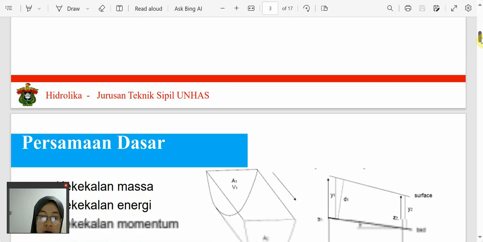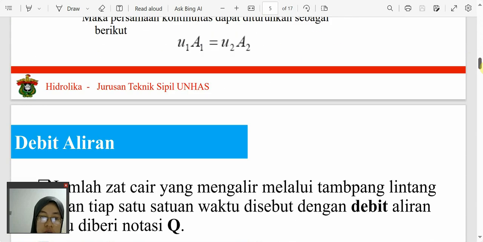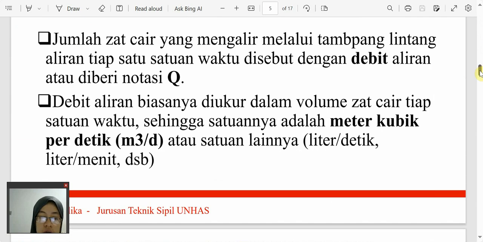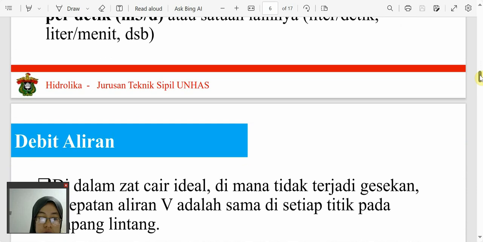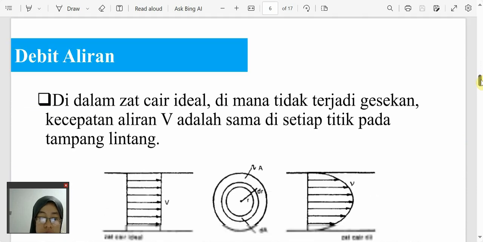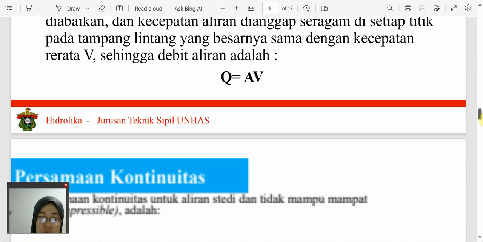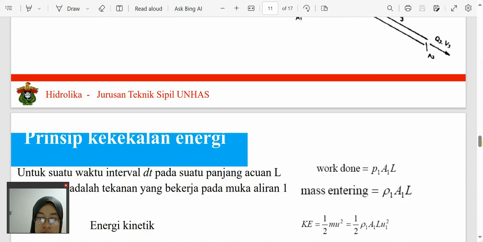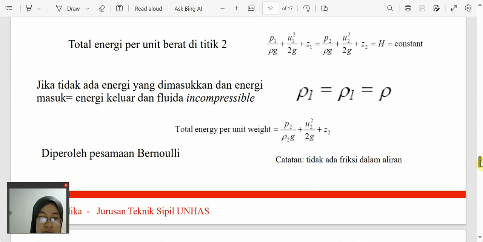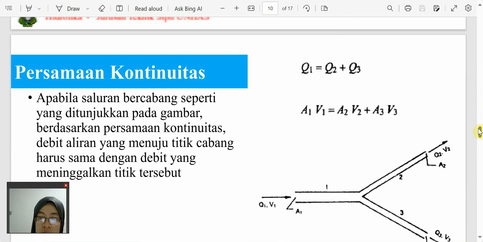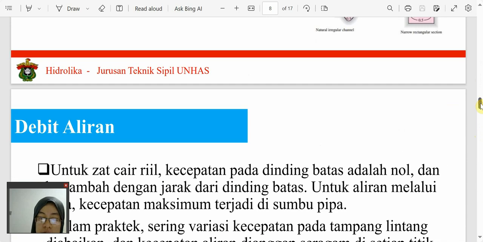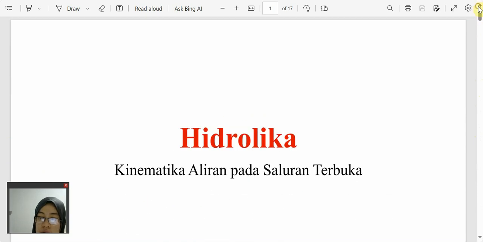We talked about the velocity, the discharge, how to calculate the discharge with general equations, and also other kinematics parameters in the flow.